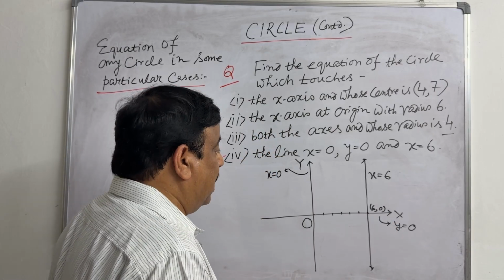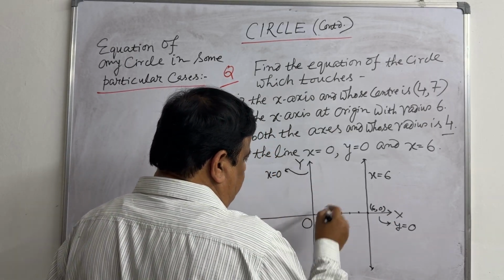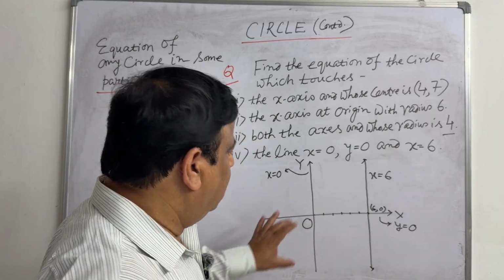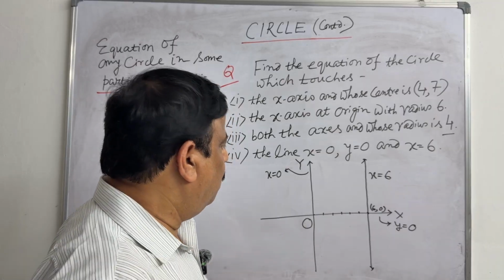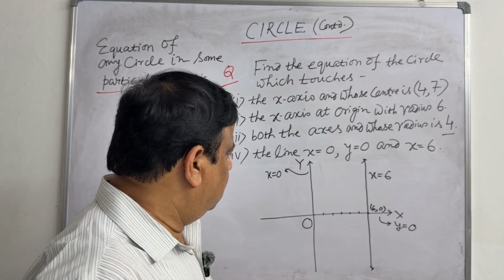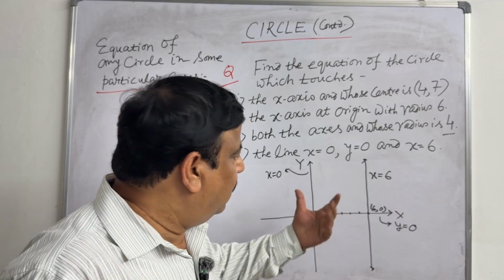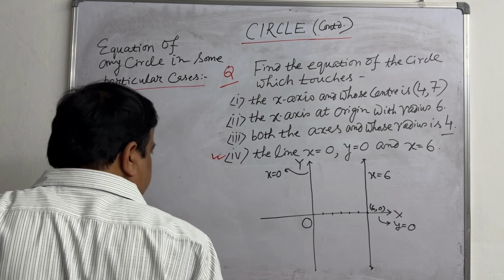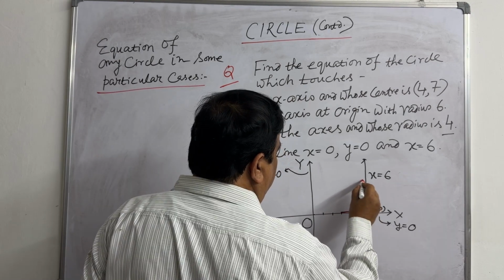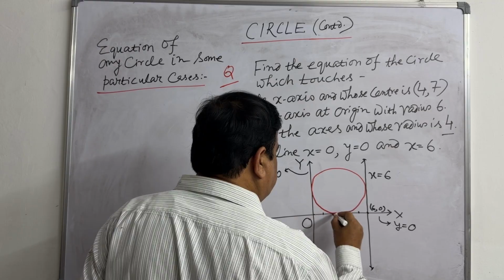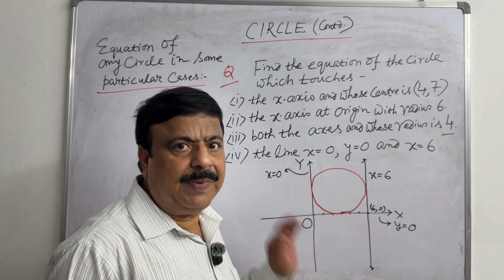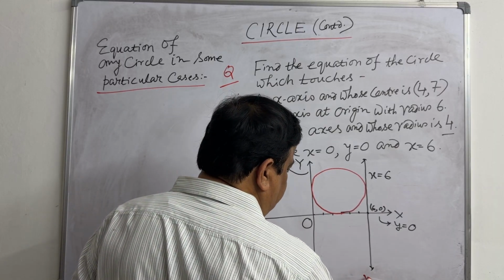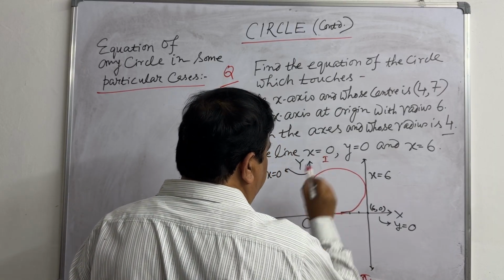Agree? The circle will touch the x-axis, y-axis and the line x is equal to 6. So you'll get two zones where the circle will belong. First one is the first quadrant. If you draw the circle, this may be it, and if you consider this the fourth quadrant, this is the first quadrant.